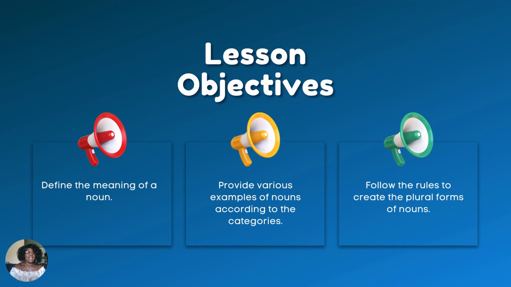We're going to define the meaning of a noun. Second, we're going to provide various examples of nouns according to the category. And finally, we're going to follow the rules to create the plural forms of nouns. Next slide.